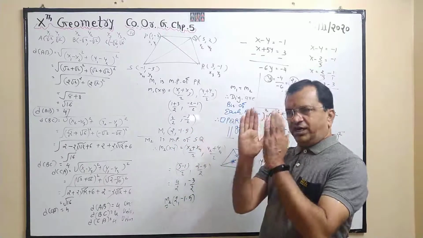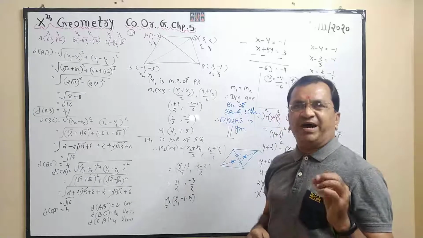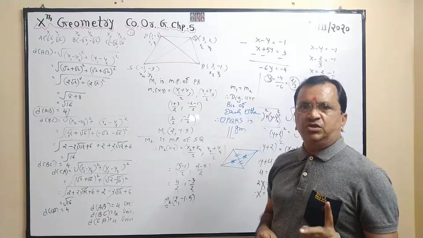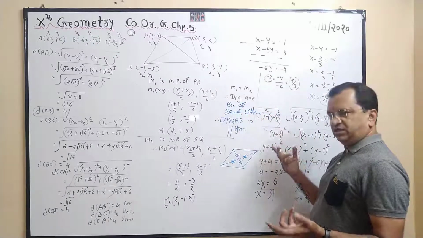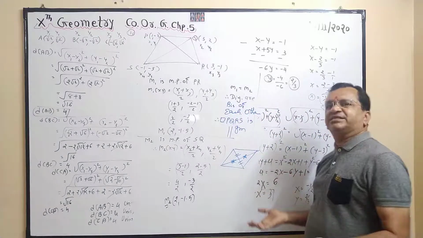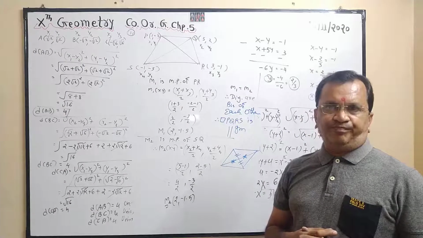So the coordinate on the graph, that point will be the common point. So that common point is the bisector of both the diagonals. In which quadrilateral the diagonals are bisectors of each other? That is 100% a parallelogram.